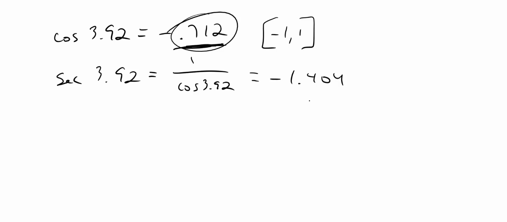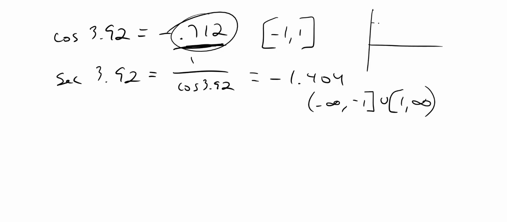And if you remember this, that's between negative infinity and negative 1, union 1 to infinity. Because remember, the cosine graph looks like this. And if I graph the secant, the graph is basically 1 divided by that.